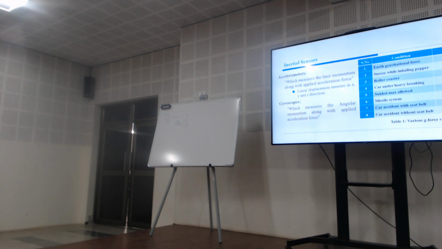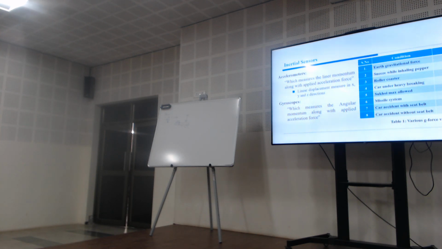Whenever there is a car accident with a seat belt, as we discussed previously, it is 30G. Without a seat belt, it is 150G. So that's why the airbag alone is of no use without a seat belt. Right? This is my background of work to design that.